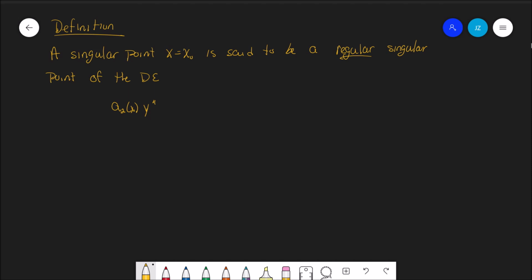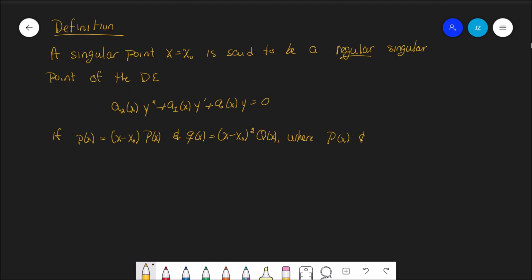a2 of x y double prime plus a1 of x y prime plus a naught of x y is equal to 0 if the two functions little p of x is equal to x minus x naught times big P of x, and little q of x is equal to x minus x naught squared times big Q of x, where the big P and the big Q are given by the differential equation in standard form.